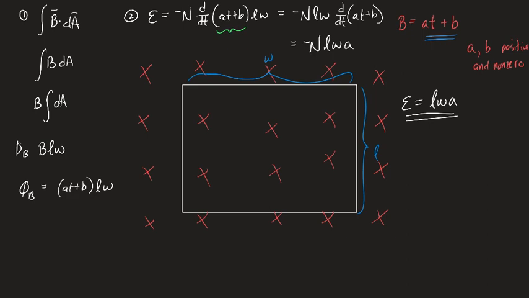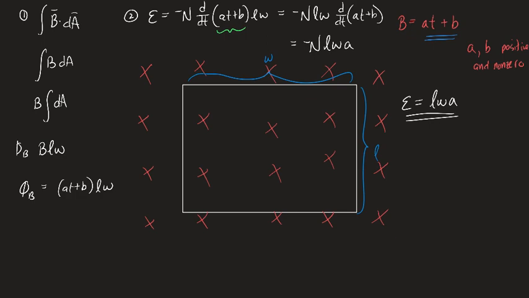The direction of the induced EMF is to produce a current that produces a magnetic field that opposes the change in flux.